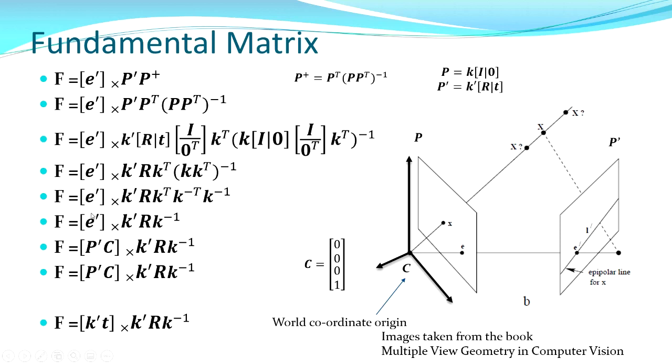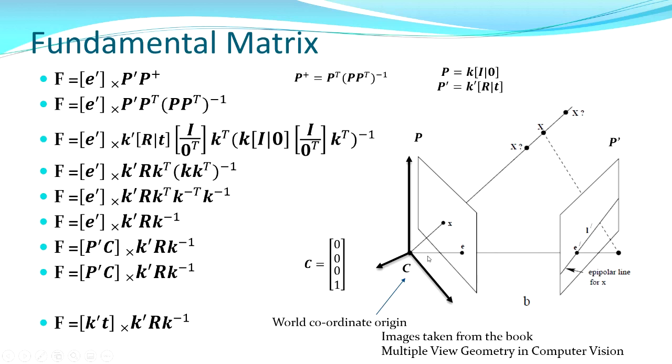Now this e dash is nothing but the epipole over here. This epipole is our e dash. So what is e dash? E dash is nothing but the projection of the camera center, this camera center, onto this camera. So if I just project this point on this image plane, I get my epipole.